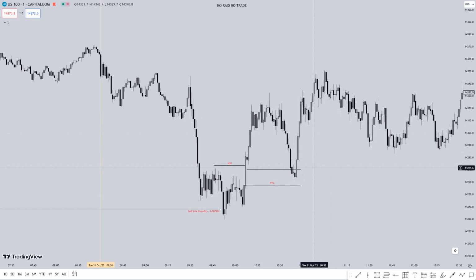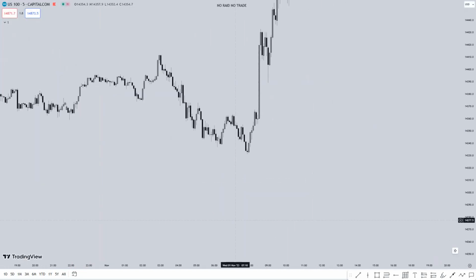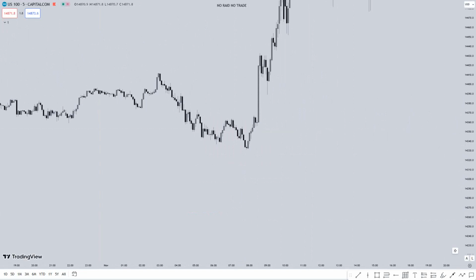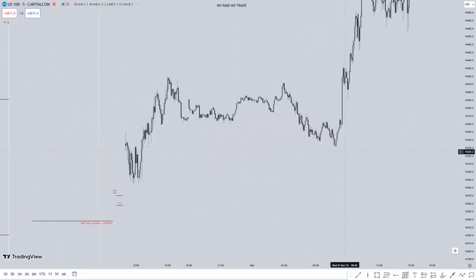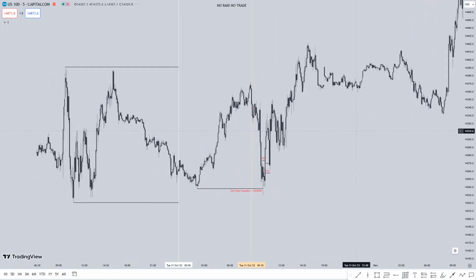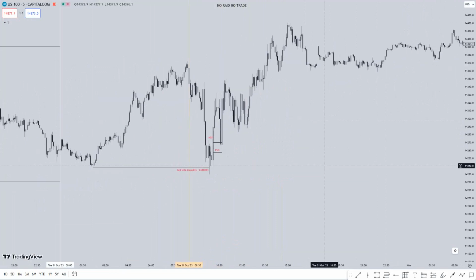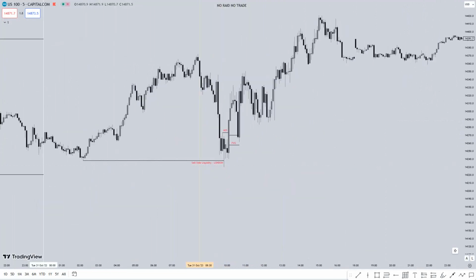If that is too much for you in terms of holding, you can use your intraday highs as your targets, meaning you can use a London high, or you can use the previous day's high.